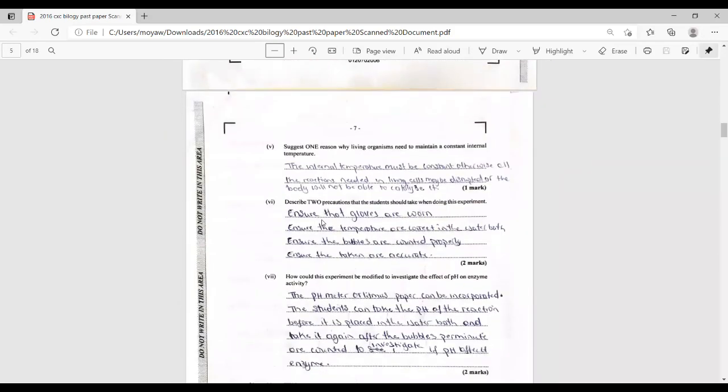So just one reason why living organisms need to maintain a constant internal temperature. So remember, homeostasis is the maintenance of the constant internal environment of the body.